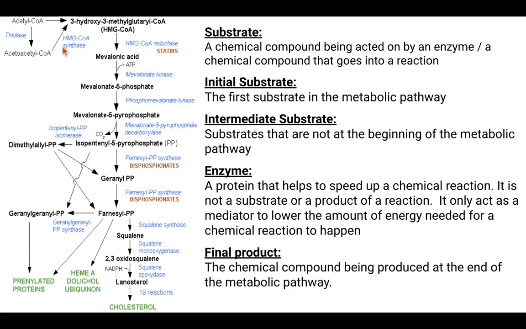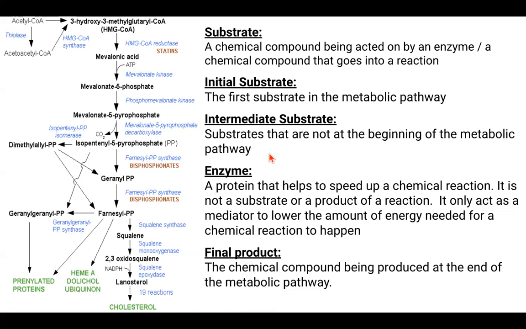Synthase, which is also related to synthesis, means that you're making something. So HMG-CoA synthase means that you're making HMG-CoA. So if you see the word ending in ASE, usually you can make that judgment and say, okay, this must be an enzyme. So these are all the words that I've taught you.